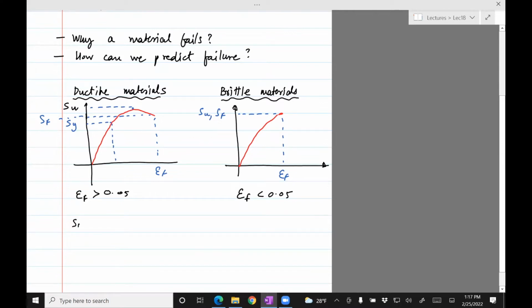So we've also seen that SU, SF are the strengths for necking, where there's a maximum in the curve for ductile materials. Those are distinct. And for brittle materials, SU, SF are the same.